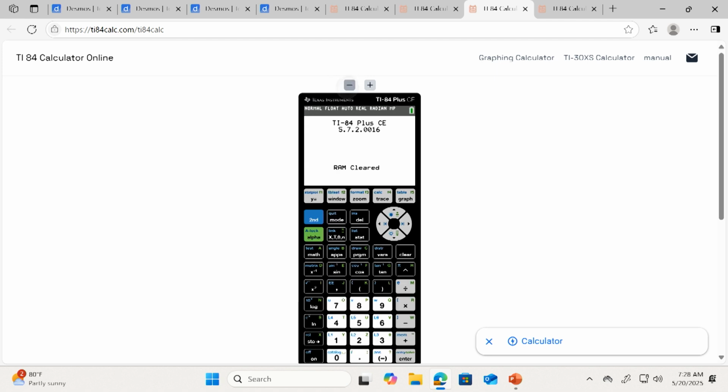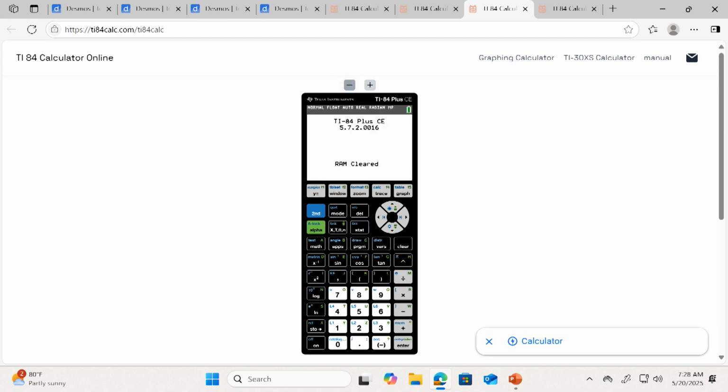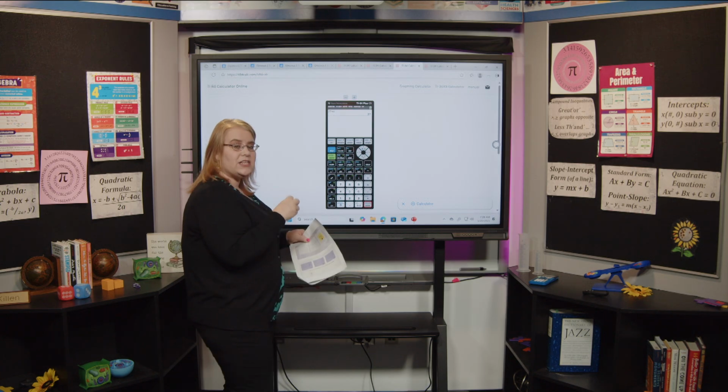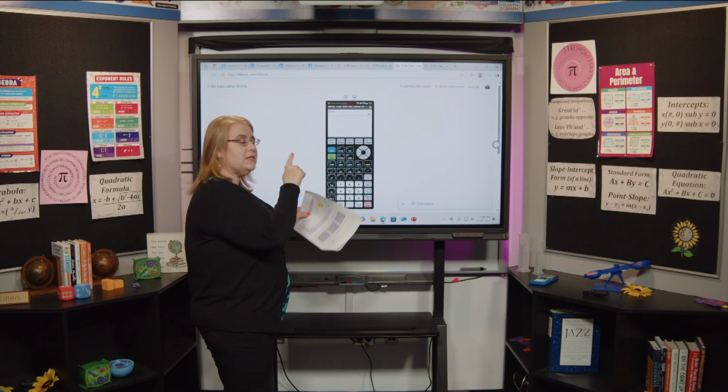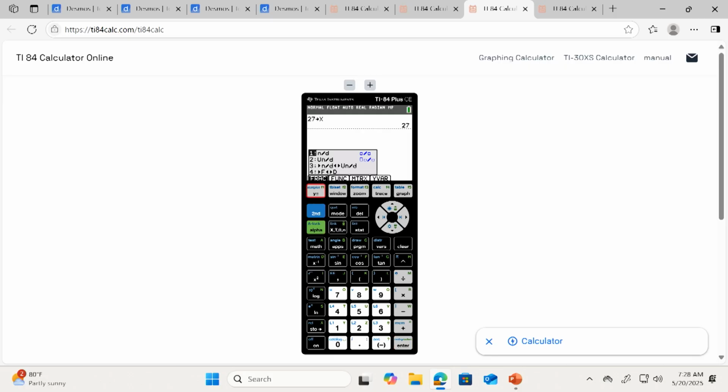So I'm going to tell my calculator that my variable is going to be 27. Press enter. So now I've got to put 1/3 variable plus 5. Remember, to put a fraction in our calculator, we do what? Alpha y equals. So let's go ahead and do that. Alpha y equals numerator over denominator.